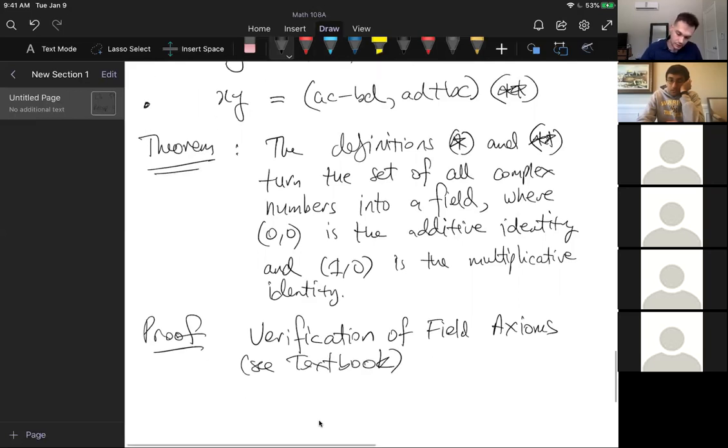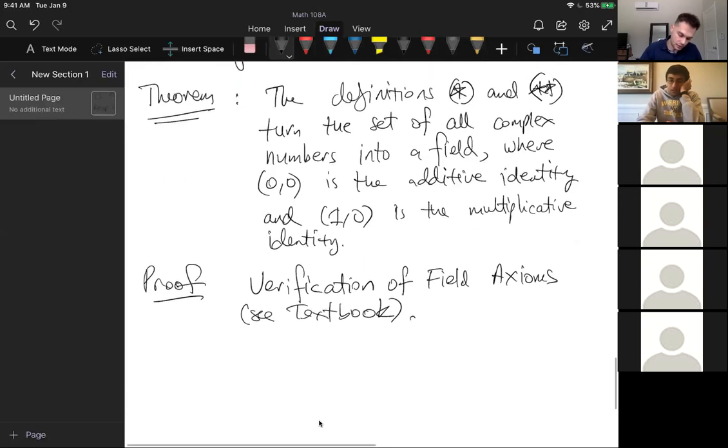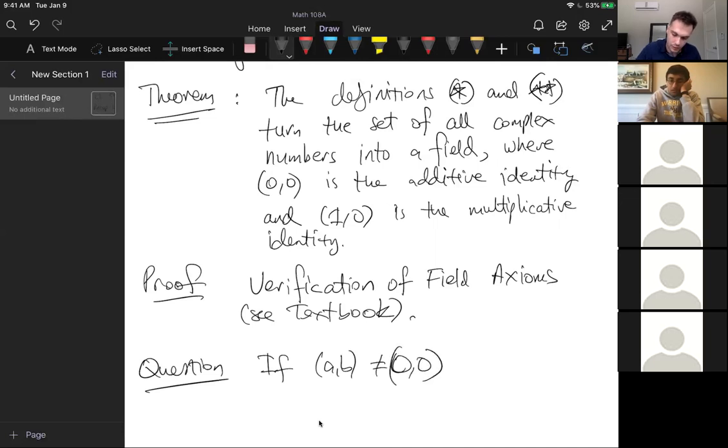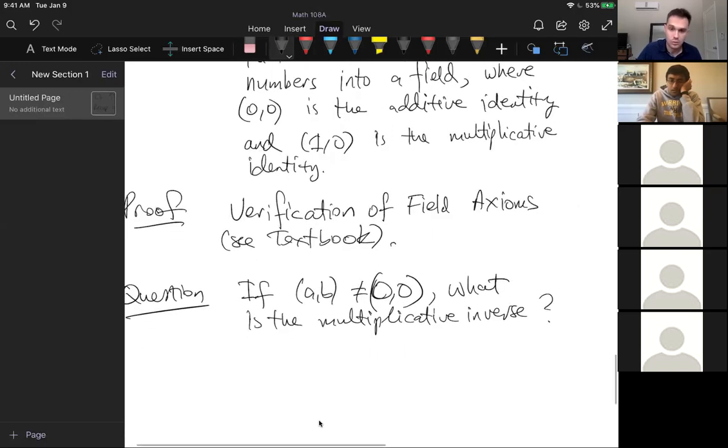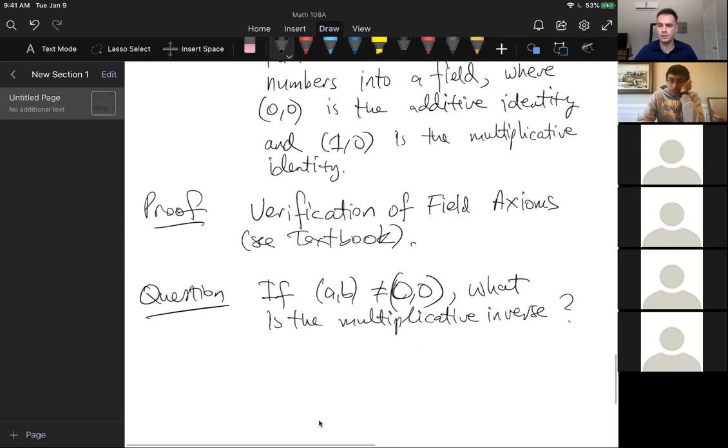But I will point out something interesting. The question I want to ask is: if I take a complex number that's non-zero, what is the multiplicative inverse? Does anyone know?